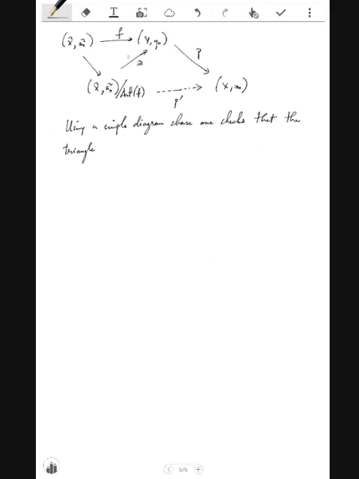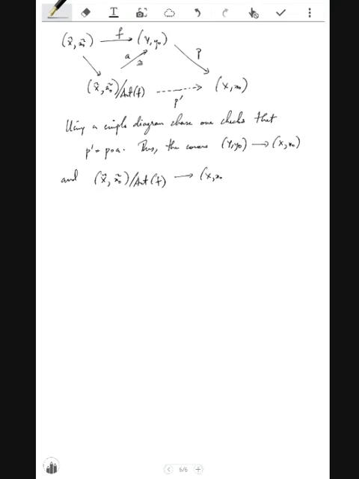Let's give this map a name, A. So one easily checks that p prime is equal to p composed with A. Thus the covers are equal.